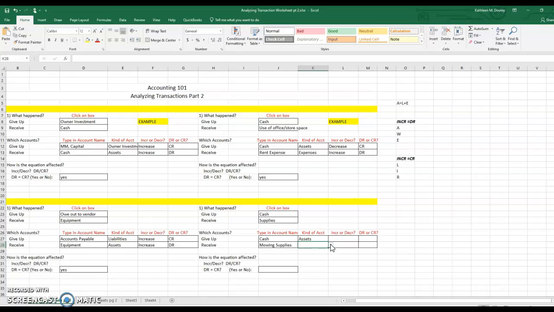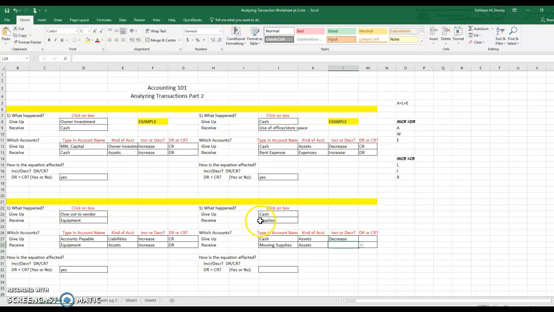You want to put in the name of the account exactly the way it is on the chart of accounts. Okay? Now for cash, we go back up to the top. For cash, do we have more or less cash than we did 5 minutes ago? Well, we paid cash out, so we have a decrease in cash.